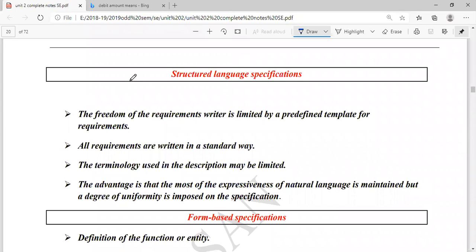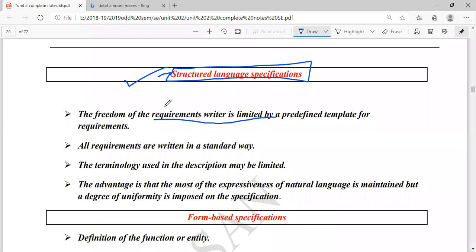Structured is nothing but there is one specific format. Okay. Structured is nothing but what? We have a specific format of writing the document. So we have to follow a specific way of writing the document. See, the requirements writer is limited, so you cannot just write whatever you want in that document.